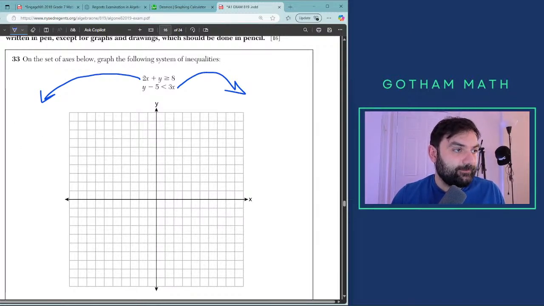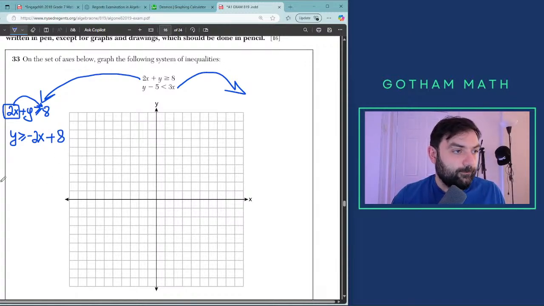Step one, make sure that your inequality is in y equals mx plus b form, which the first one is not. But it's just one step away from it, right? All we have to do is move that 2x to after the inequality sign. So it's going to be y greater than or equal to negative 2x plus 8.